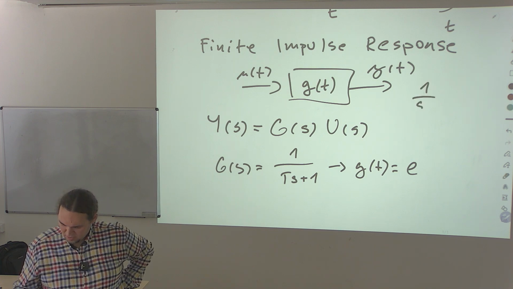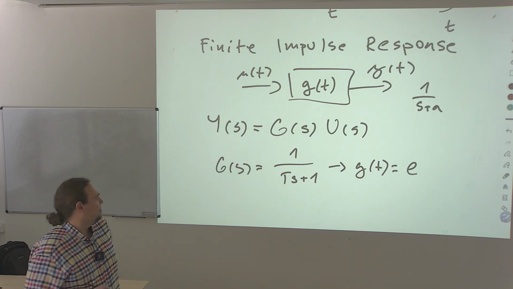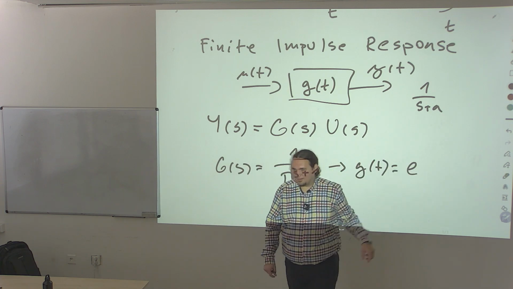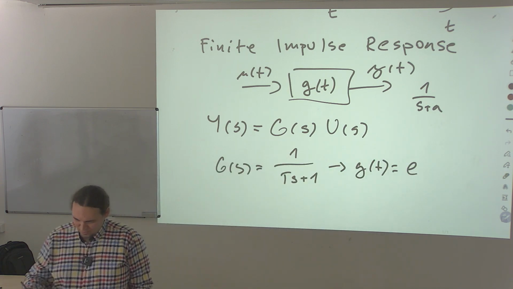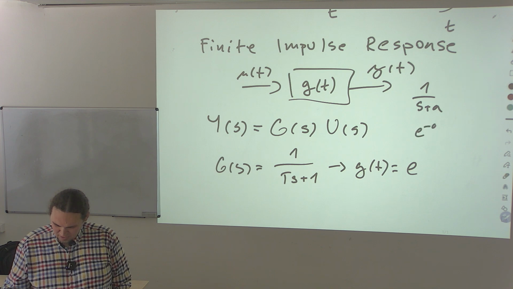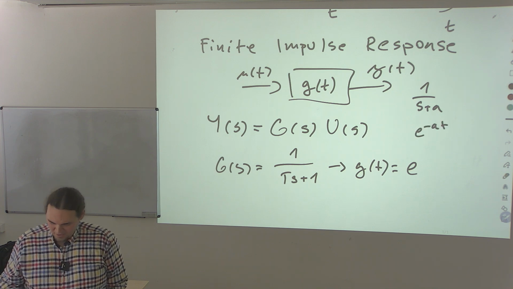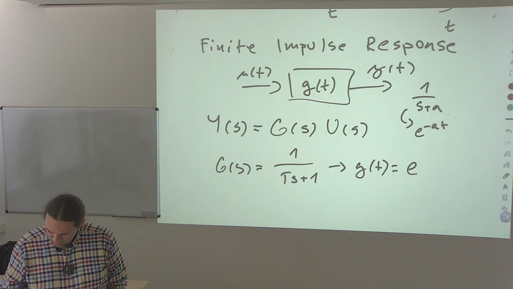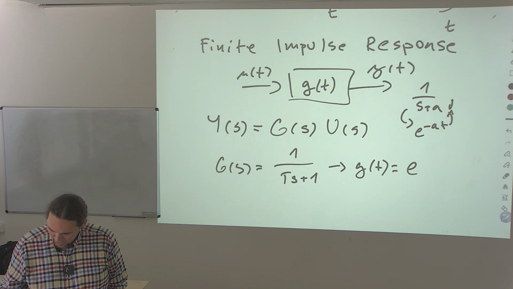So what was it? What I kind of remember is if I have 1 over s plus a, then it back transforms to e to the minus at, right? Okay. So if we use this, this is the Laplace.